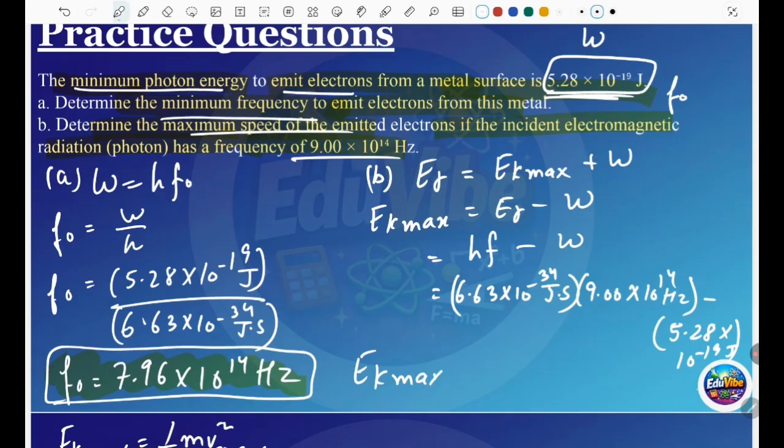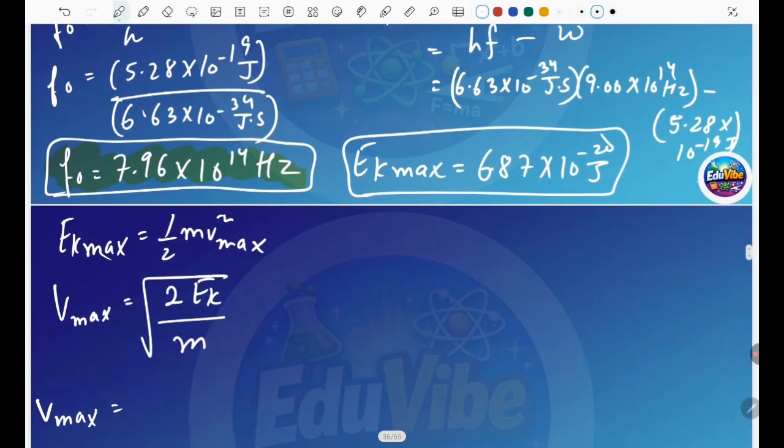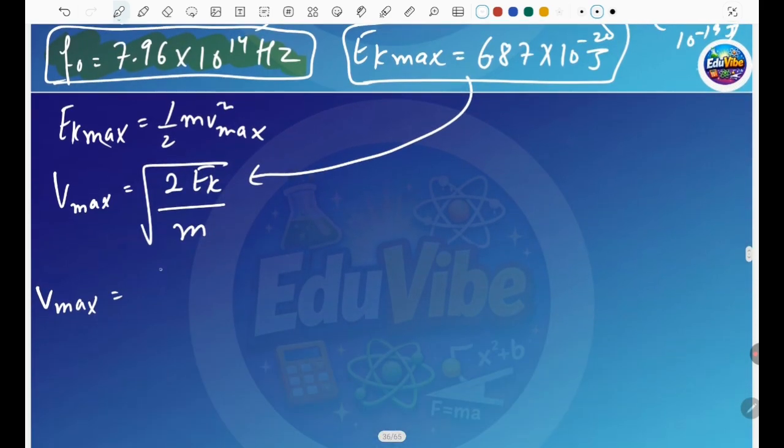When you calculate this, subtract this, you get EK max of about 6.87 times 10 raised to the power minus 20 joules.